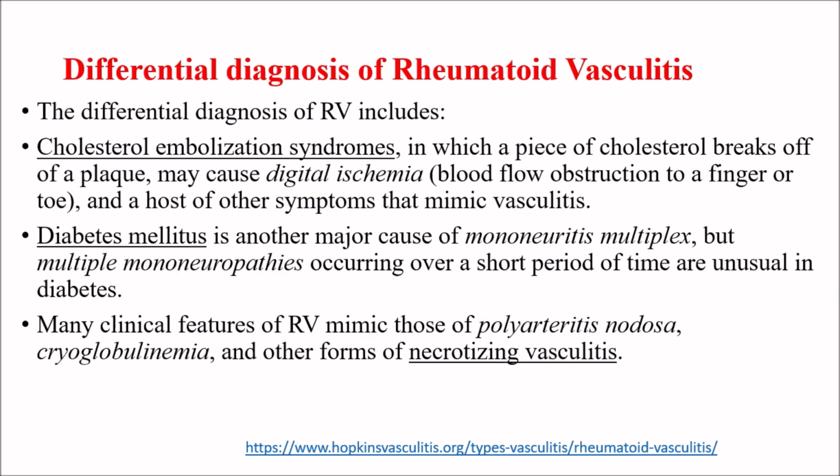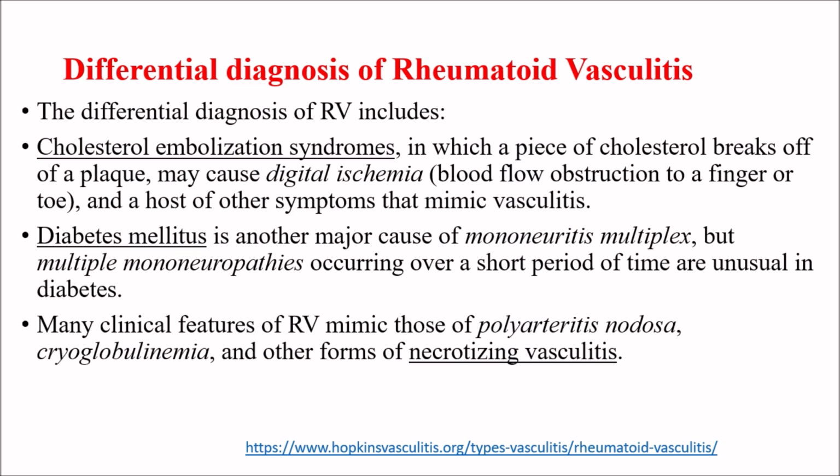a tissue biopsy. The differential diagnosis of rheumatoid vasculitis includes the cholesterol embolization syndrome, in which a piece of cholesterol breaks off a plaque, may cause digital ischemia, and cause other symptoms that mimic vasculitis.